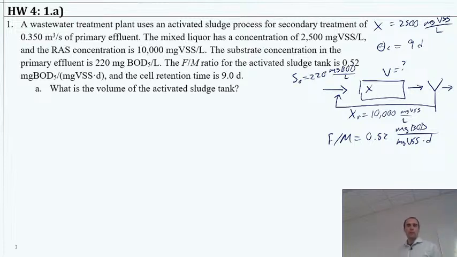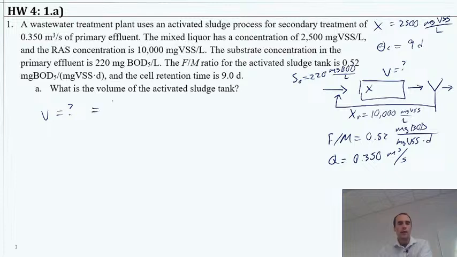Or perhaps this food to mass ratio, because we'll need the volume in that one as well. So let's also make a note that the flow rate itself was given at 0.35 cubic meters per second.